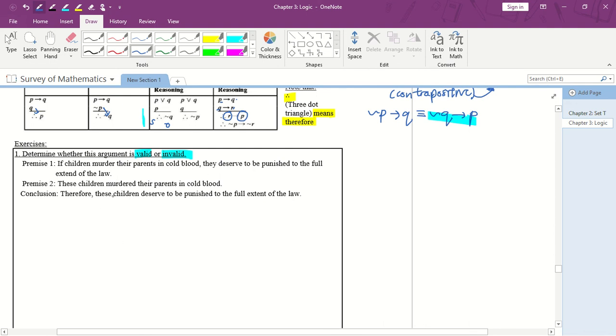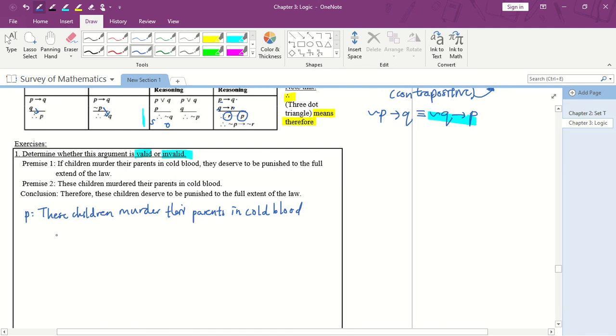Once we read this one, the first thing we need to write is always the simple statements. So P: children murder their parents in cold blood. You can say these children, or you can just directly write children murder their parents in cold blood. That is our P here. And now, what is our Q?